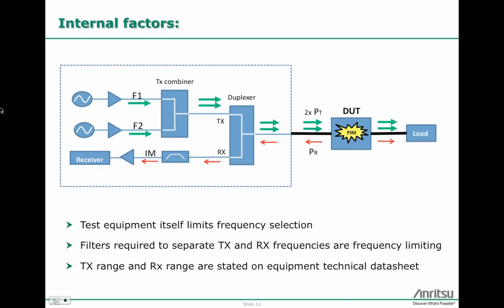So the PIM test equipment itself, that front-end duplexing filter, is going to be the first internal factor that limits what transmit frequencies you can use and what IM products you're going to be able to receive.